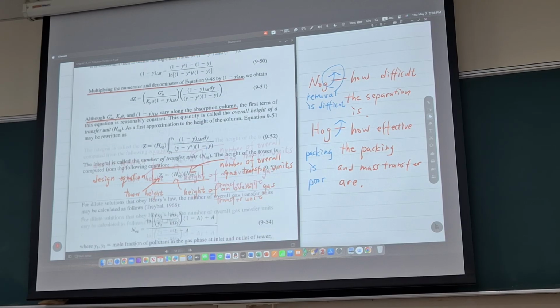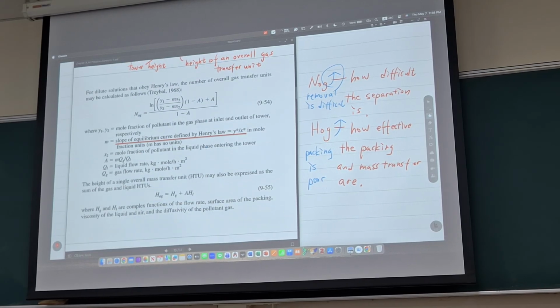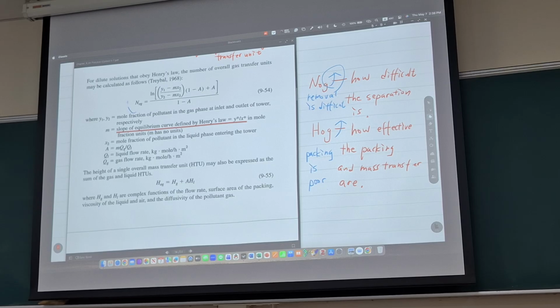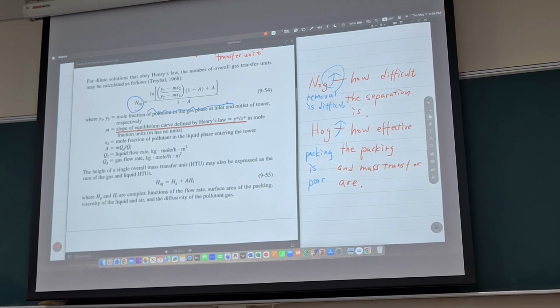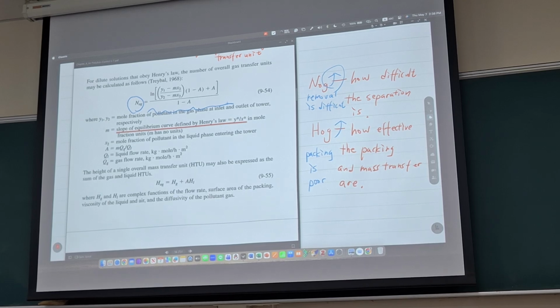Okay, students. And NOG can be calculated by using this formula.